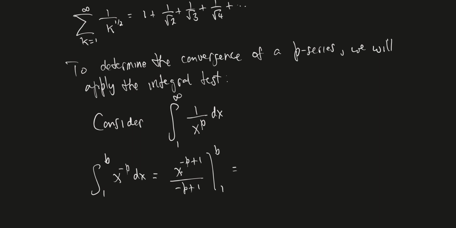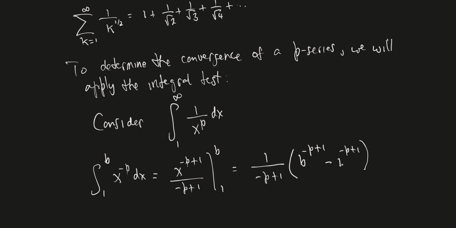So we plug in b for x. Let me put the 1 over negative p plus 1 fraction and pull that out. Then let's replace the x with b, so we'll have b to the negative p plus 1, and then minus 1 to the negative p plus 1.